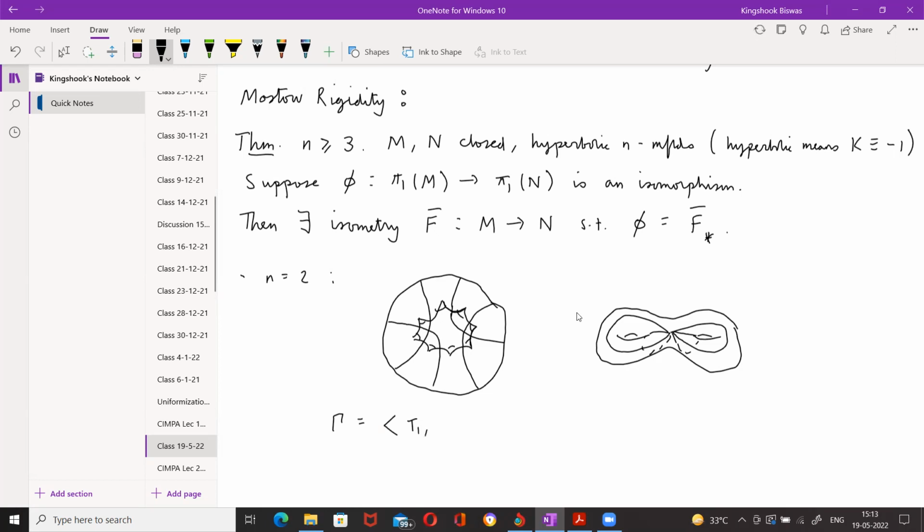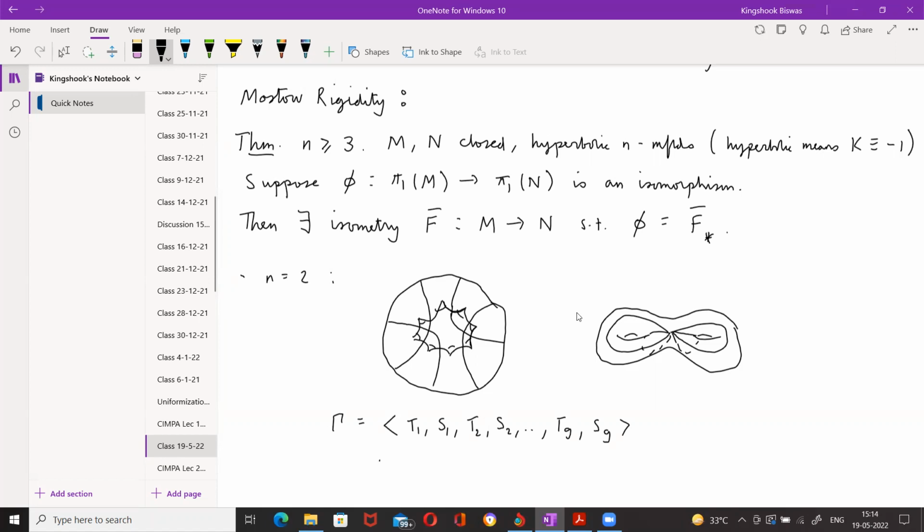So there'll be a T1, S1, T2, S2, up to TG, SG. In general this will be a 4G-gon, a polygon with 4G sides, and you'll have these 2G side pairing transformations.